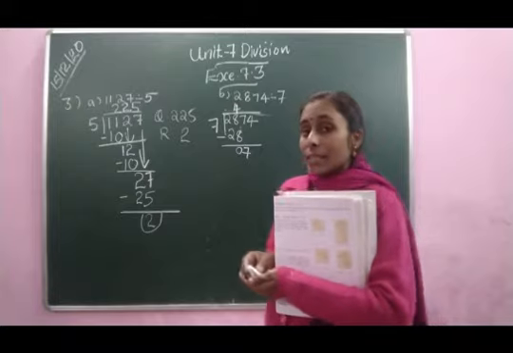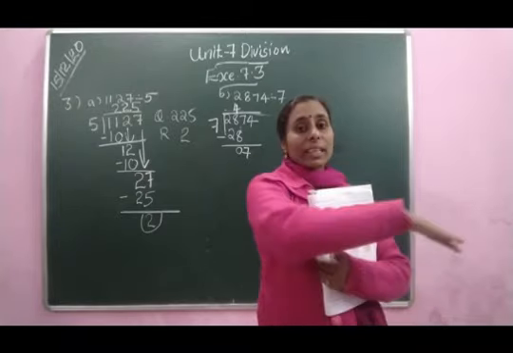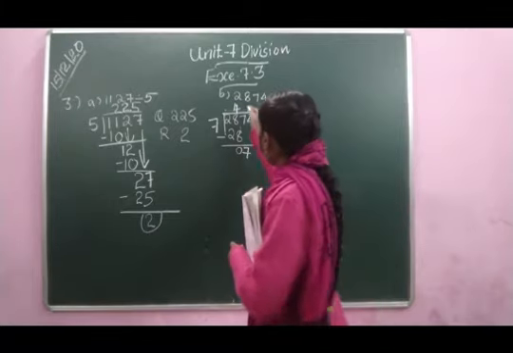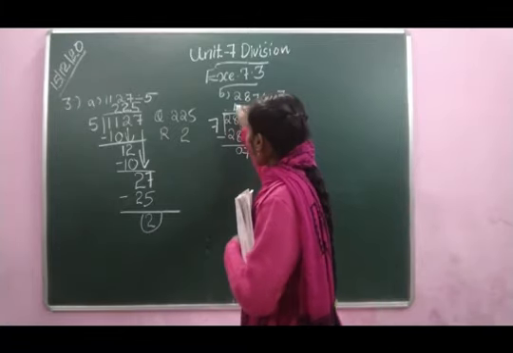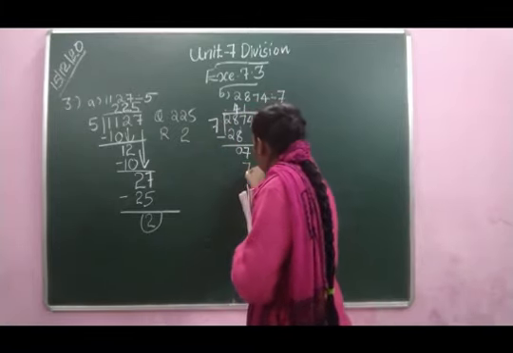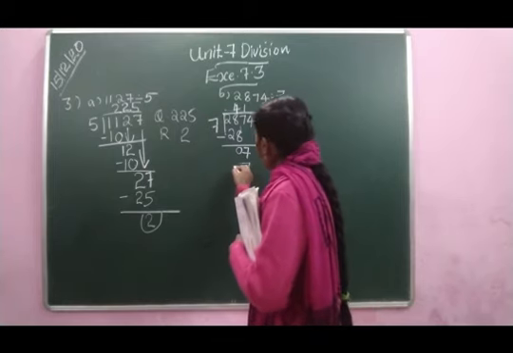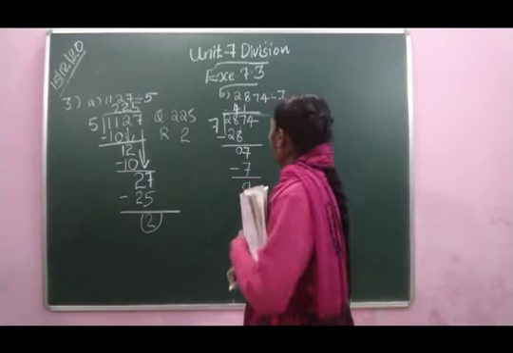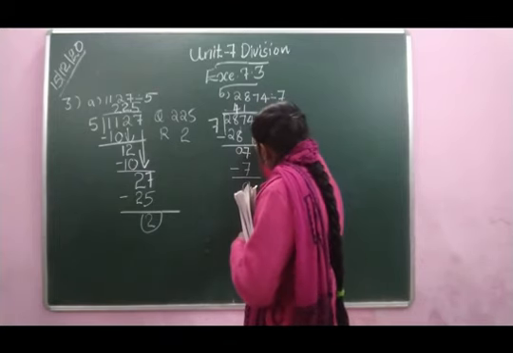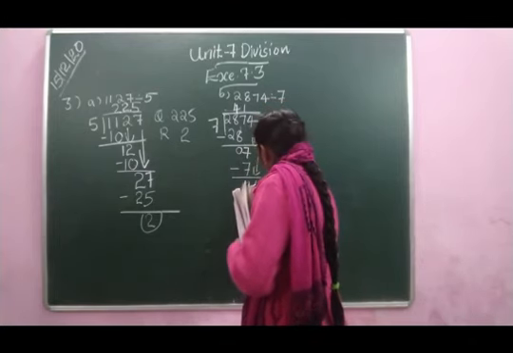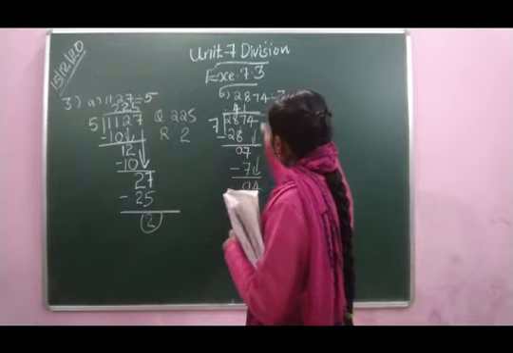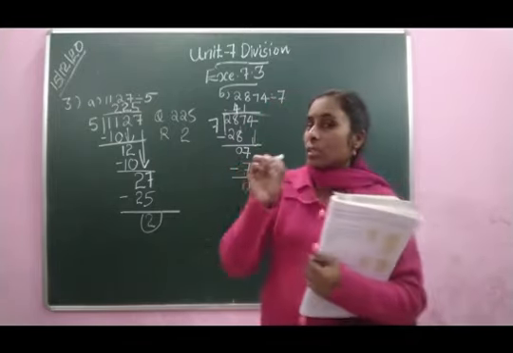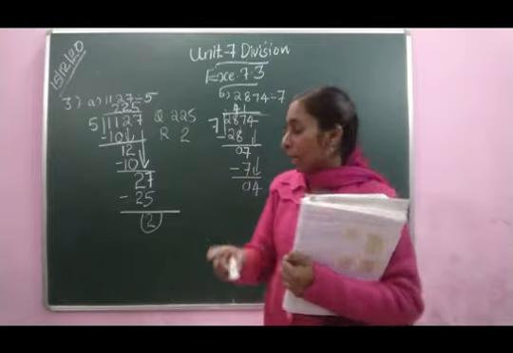How many 7s are in 7? Only one time. 7 ones are 7. Next multiplication: 7 ones are 7. Next step subtraction: 7 minus 7, 0. Then 4 comes down. This 4 came from the dividend. That is not the remainder. Keep that in your mind.